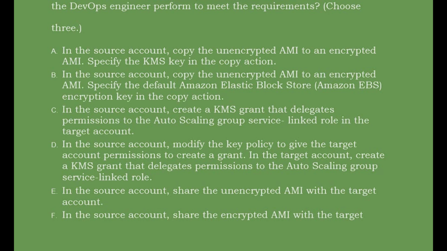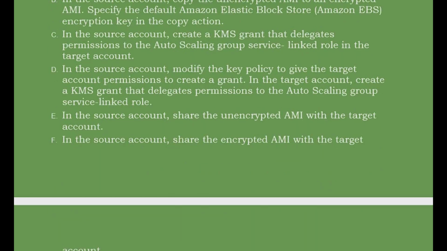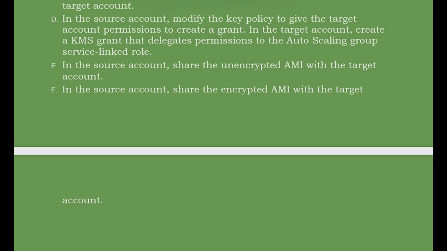In the target account, create a KMS grant that delegates permissions to the auto-scaling group service linked role. Option E, in the source account, share the unencrypted AMI with the target account. Option F, in the source account, share the encrypted AMI with the target account. Correct answer is option A, D and option F.